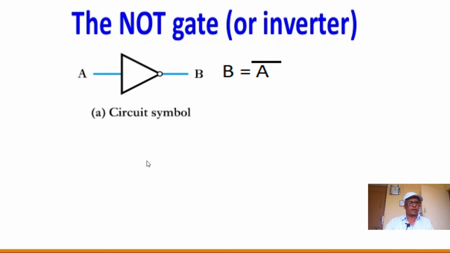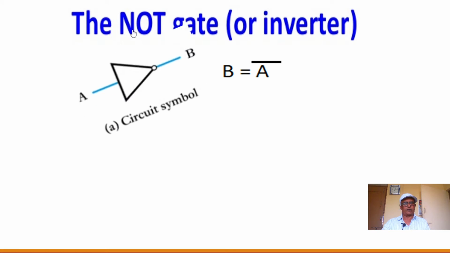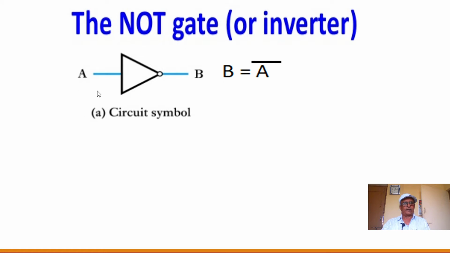The third fundamental logic gate we are considering is the NOT gate, or the inverter. In the circuit symbol, an arrow is directed from input A to output B, with a circle drawn on the output line.